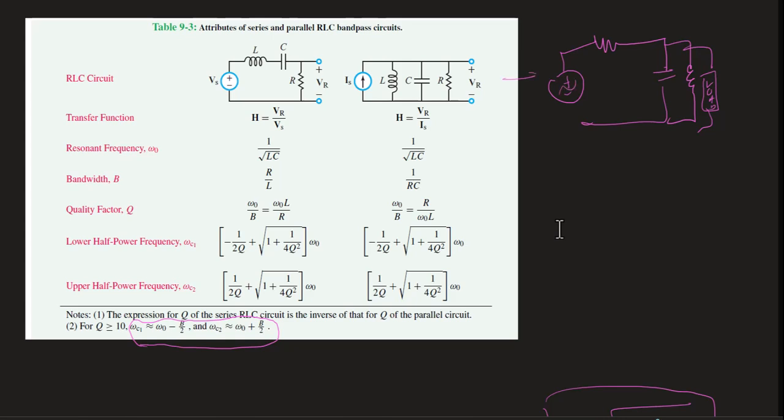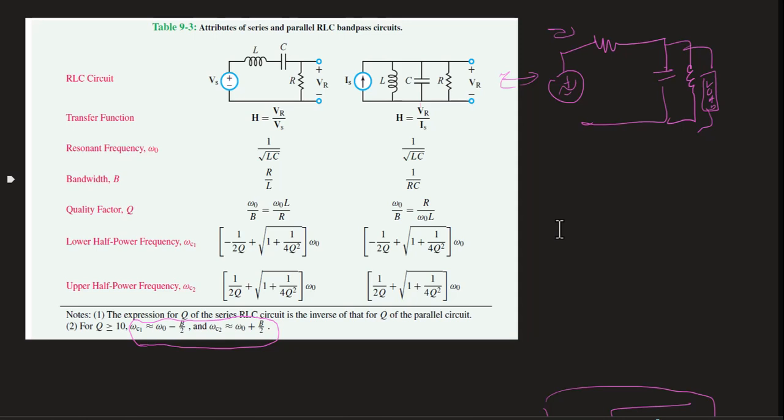These two are identical, just with different sources. This one would have a transfer function of voltage out over voltage in. This one has voltage out over current in, so that makes it a little different. If you wanted the transfer function in terms of voltage, you'd have to derive it from this circuit right here. For both of them, the resonant frequency is 1 over the square root of LC.